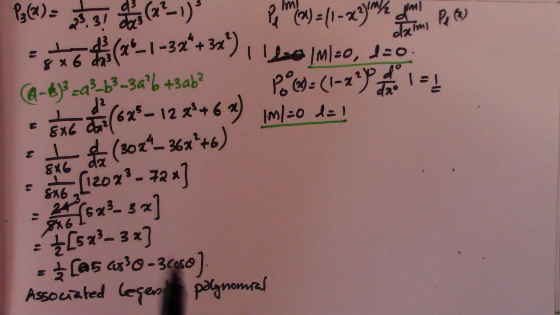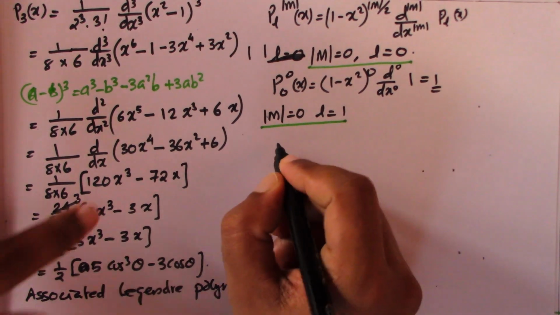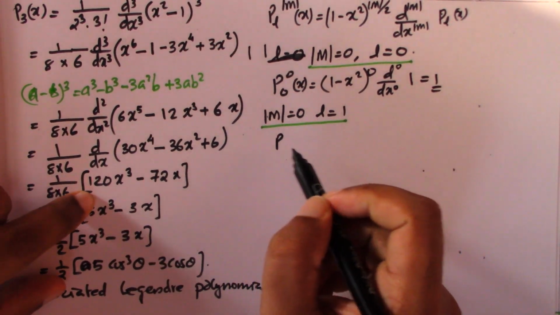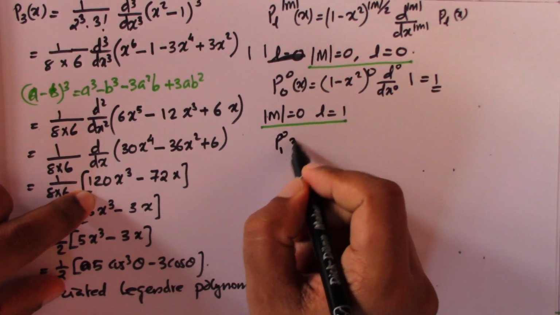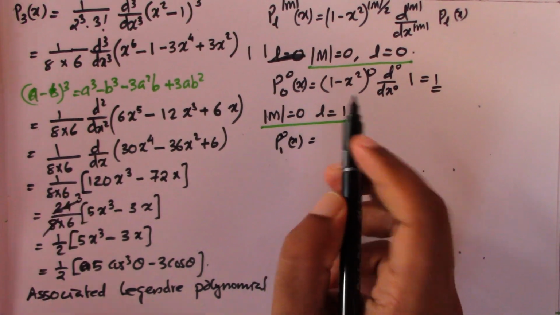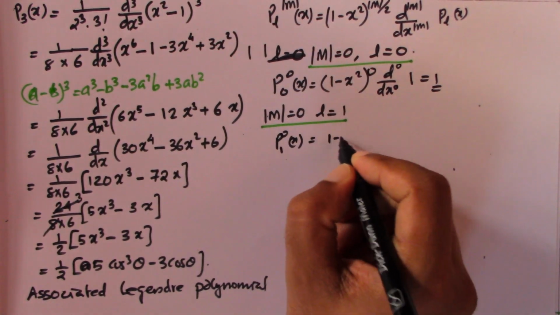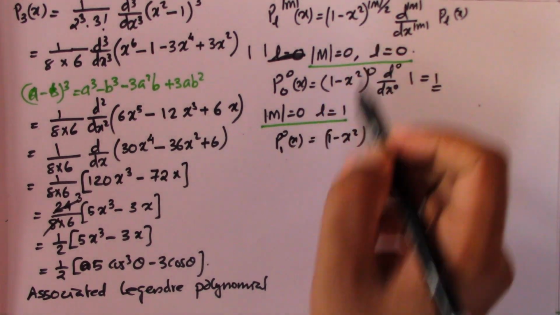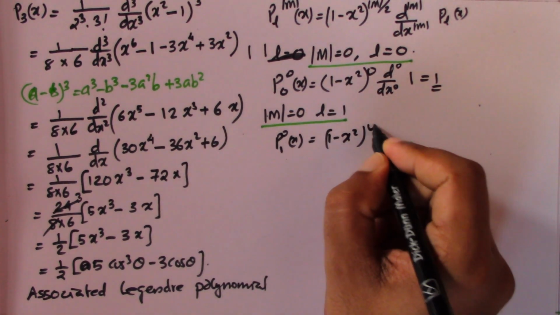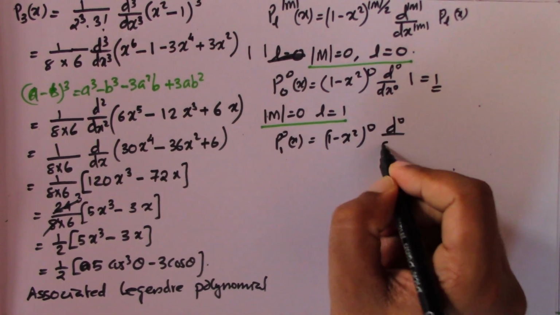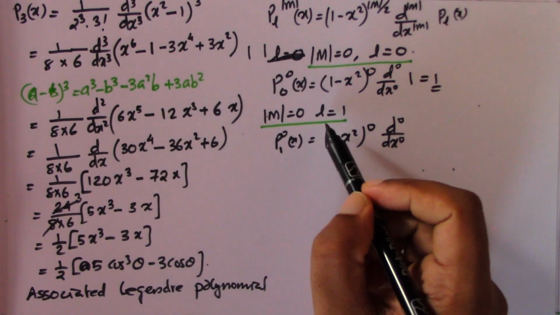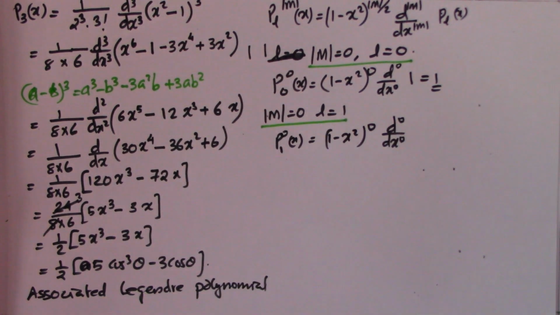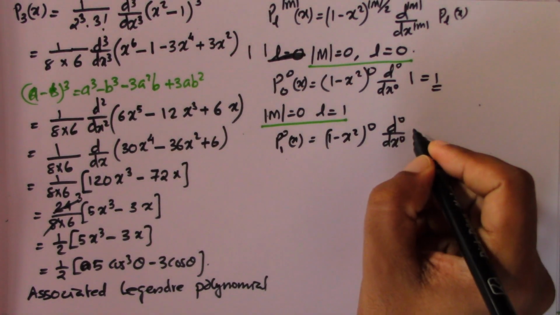In this case also, P_L^m(x) with L equal to 1 and m equal to 0, so P_1^0(x) is equal to (1 minus x square) raised to m by 2, and m by 2 in our case is equal to 0, times d raised to 0 divided by dx raised to 0 of P_L(x). P_L(x) in our case is P_1(x) because L is equal to 1, and we already computed P_1(x), which is equal to x.